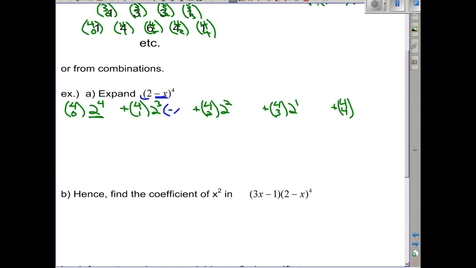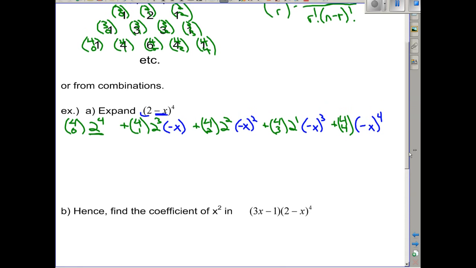We're multiplying here, so this will be times negative x squared, times negative x cubed, and finally times negative x to the 4th. So powers go down on the first term in the binomial, powers move upwards on the last term in the binomial.